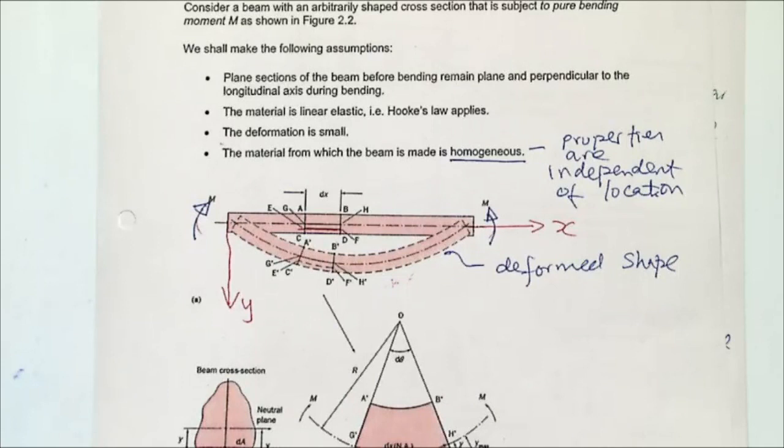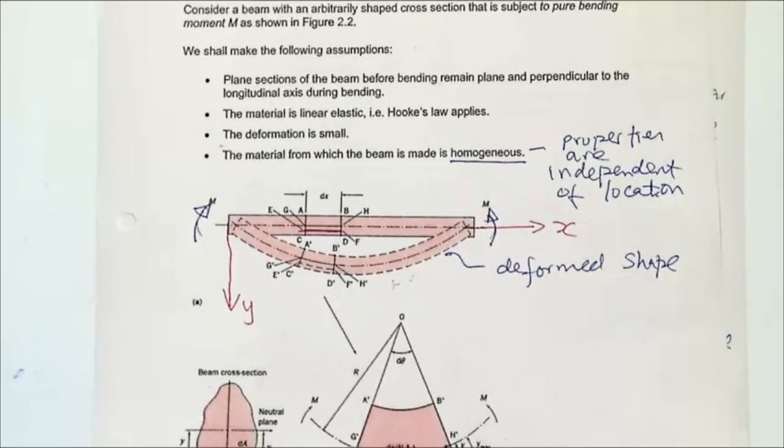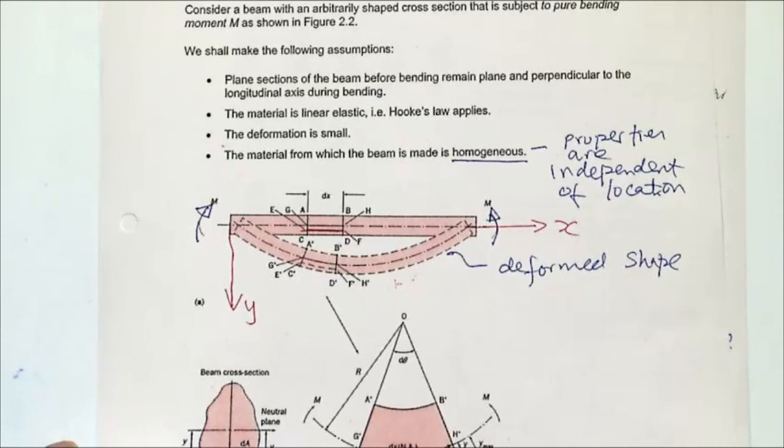It depends on where you are in the cross section. If you are way down here, it changes more than if you are right up here. So we've chosen a particular distance from the neutral axis, y, and we want to find the change in length at that point.